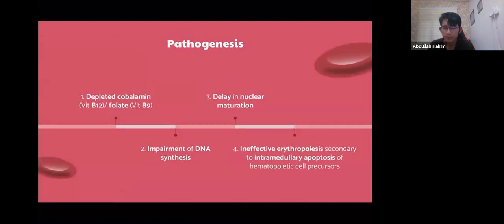So pathogenesis of megaloblastic anemia. When there is depleted cobalamin or vitamin B12 or folate, vitamin B9, there will be impairment of DNA synthesis. Specifically, it will delay nuclear maturation, and this will result in ineffective erythropoiesis secondary to intramedullary apoptosis of hematopoietic cell precursors.